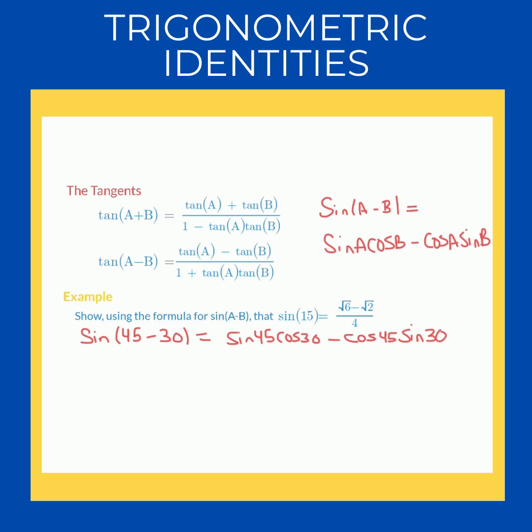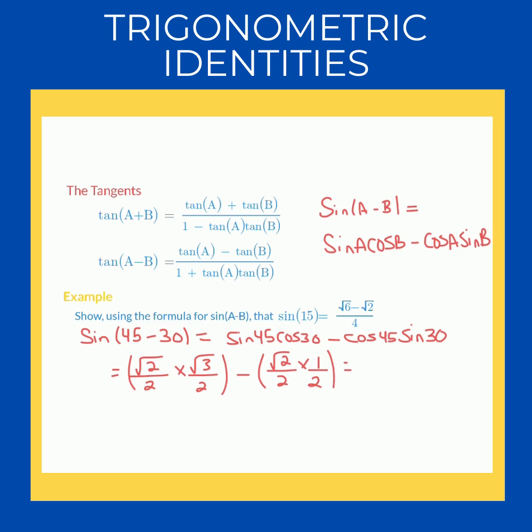So let's evaluate. Sine of 45 is the same as the square root of 2 over 2 times cosine of 30, which is the square root of 3 over 2, minus cosine 45, which is the square root of 2 over 2 times sine of 30, which is half.